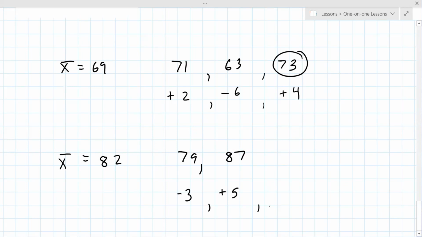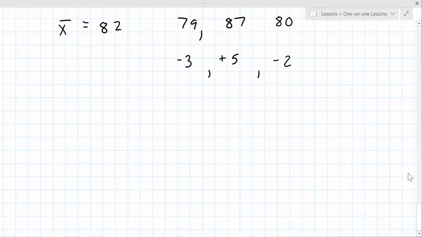So what number goes down here? This is key. These have to add up to 0. So what do they add up to currently? 2. So -2. Okay. So what goes here? 82 minus 2. 80. Very good.